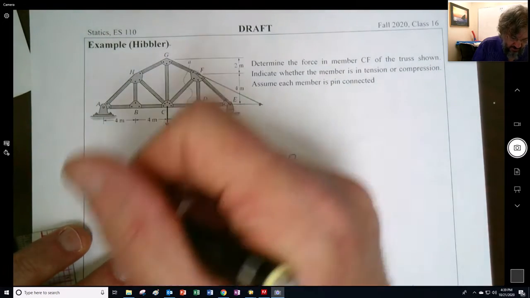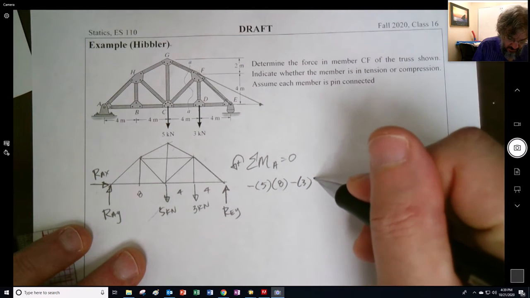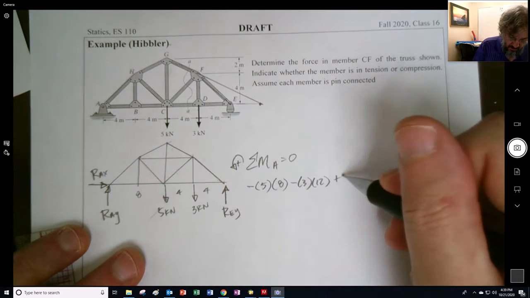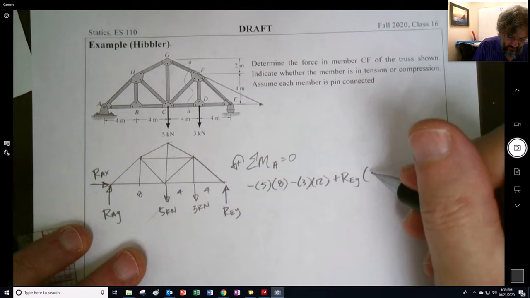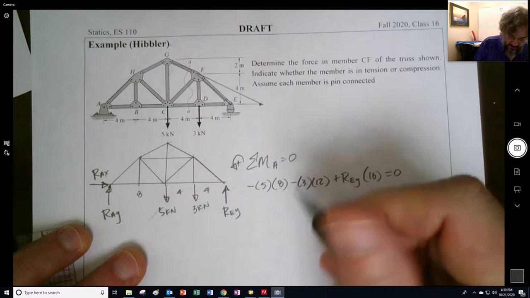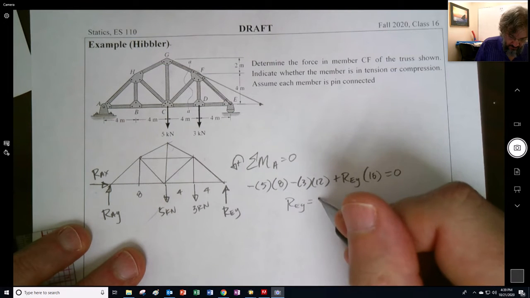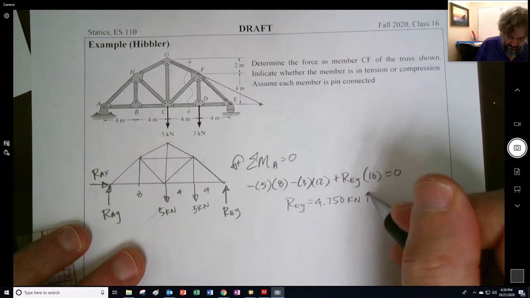And then this one is also clockwise, and it's going to be 3 times 12. And then this one is counterclockwise, and that's the one we're looking for. That's going to be 16, right? Yeah, 16. Equal to 0, and REY is equal to 4.750 kilonewtons upwards.